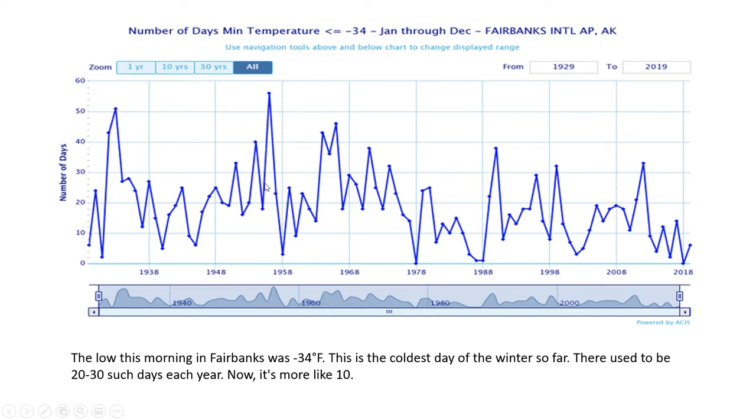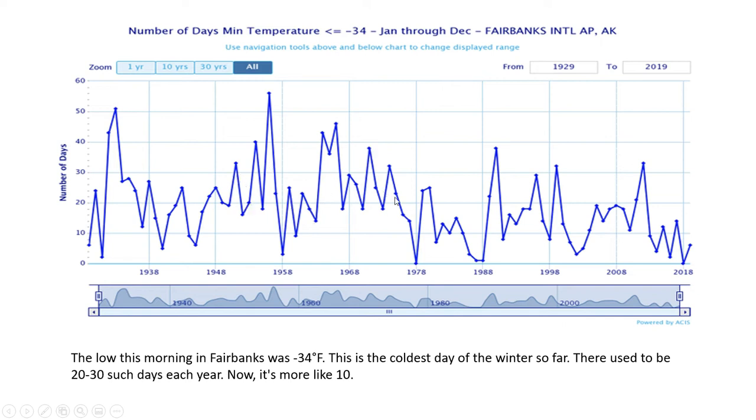Look at this one here, it looks like it is 53. This is about 1955. You had 56 days of 34 below or colder. Now, as you can see, it kind of oscillates here a bit.